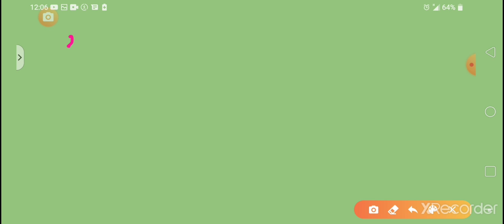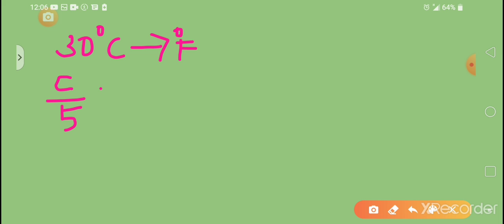at 30 degree Celsius to degree Fahrenheit. Okay, so what is the first step? We should write the relationship. So what is the relationship? That is C by 5 is equal to F minus 32 by 9.